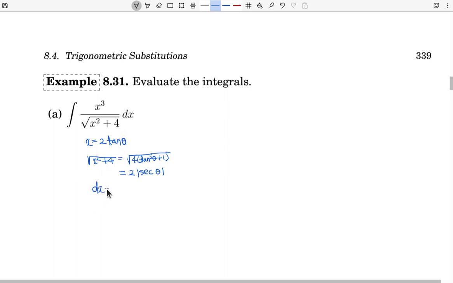Now dx is the same as 2 sec squared theta d theta. So we combine them.